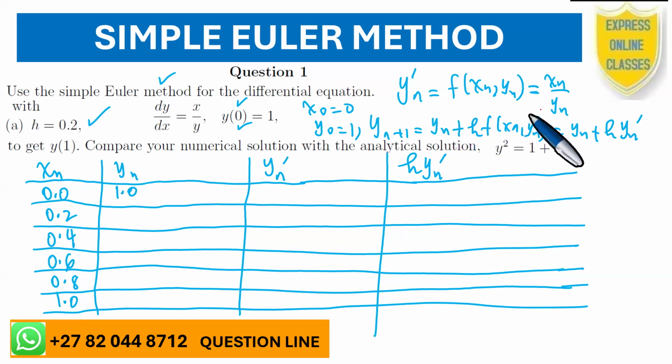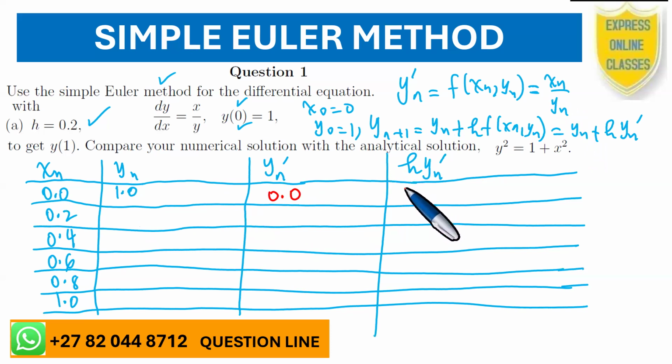So y0 prime is going to be x0 divided by y0. So x0 divided by y0 is 0.0 divided by 1.0. 0 divided by 1 is 0. So let us call this one 0.0, just to keep one decimal place for consistency.